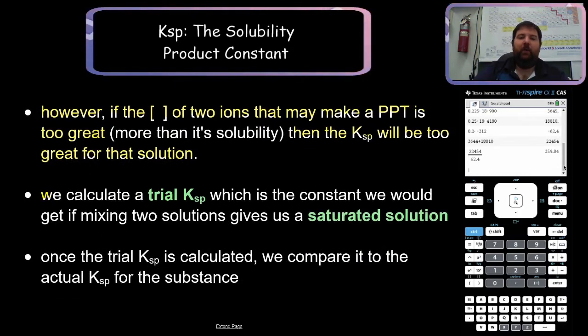To do that, we calculate a trial KSP, and that's going to be the constant we would get if you mix those two solutions. And when you find that trial KSP, you can then compare it to the actual KSP for the substance, which is usually going to be given to you.